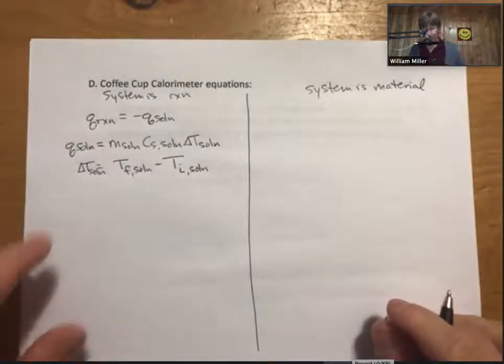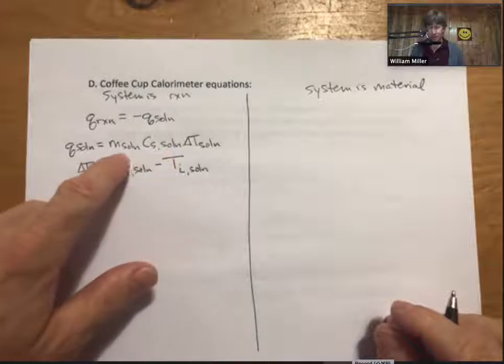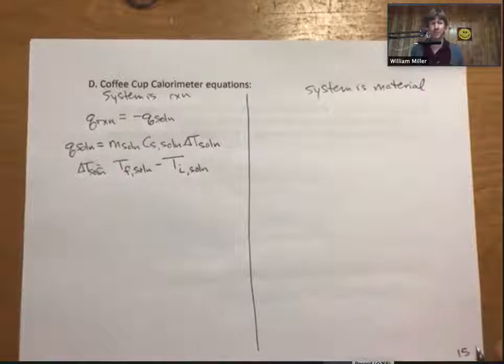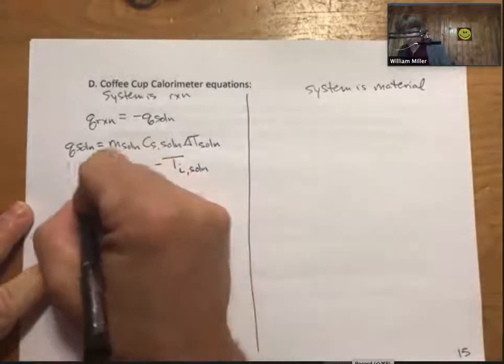Okay, now a couple things about the solution, and we'll see this in our examples. The solution will be an aqueous solution in which water is the solvent, and it will be 90+% water, which means we can make two assumptions.